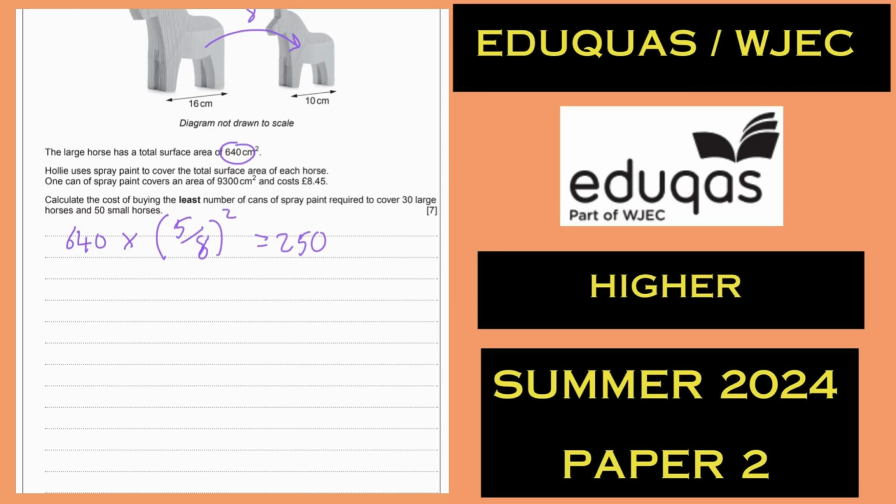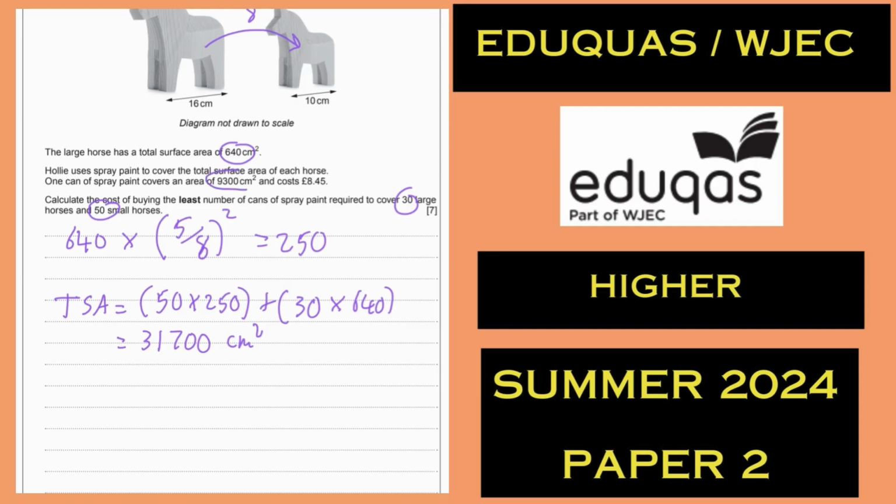We want the total surface area. There are 50 small horses, 50 lots of 250, and there are 30 large horses, 30 lots of 640, gives us 31,700 centimetres squared.